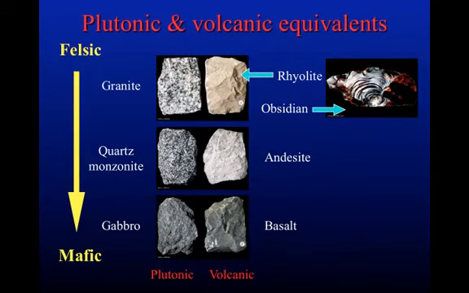I showed you this image before to compare side by side the same chemistry but different textures in plutonic and volcanic rocks. You see here again on the left, the plutonic rocks have a phaneritic texture because you can see the individual crystals.